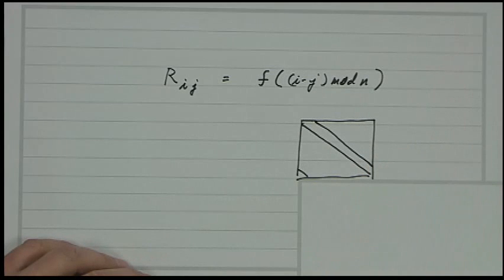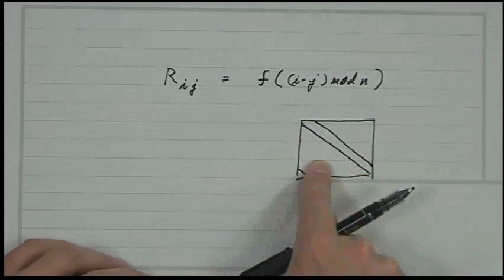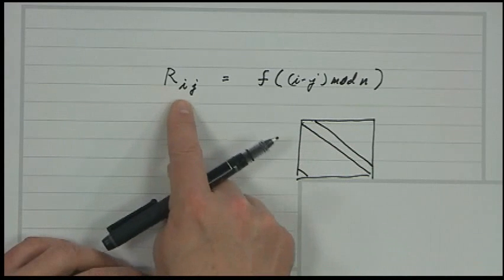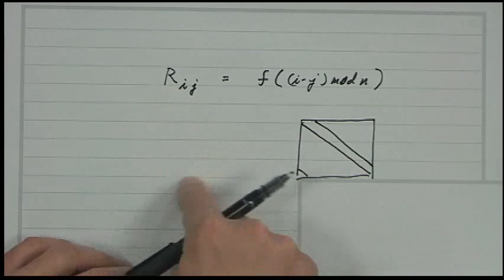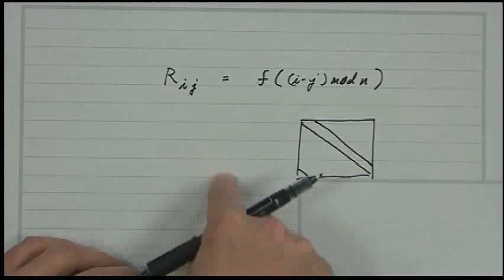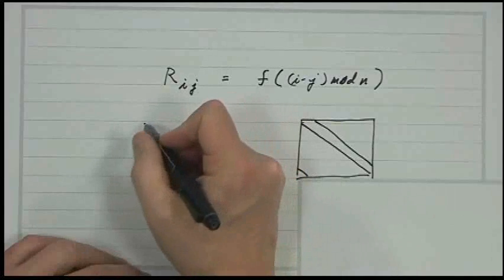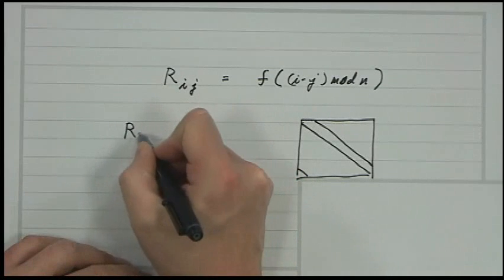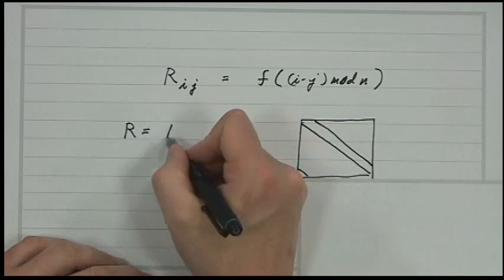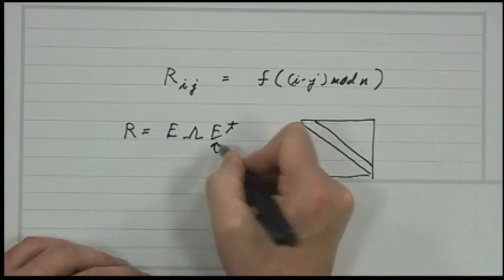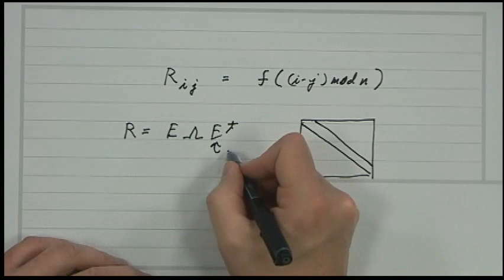So anyway, it has to be circulant. So if R is circulant, which means that x is circularly stationary, so its statistics are invariant to rotation, then you can show that R can be written as E lambda E transpose, where E is the DFT.